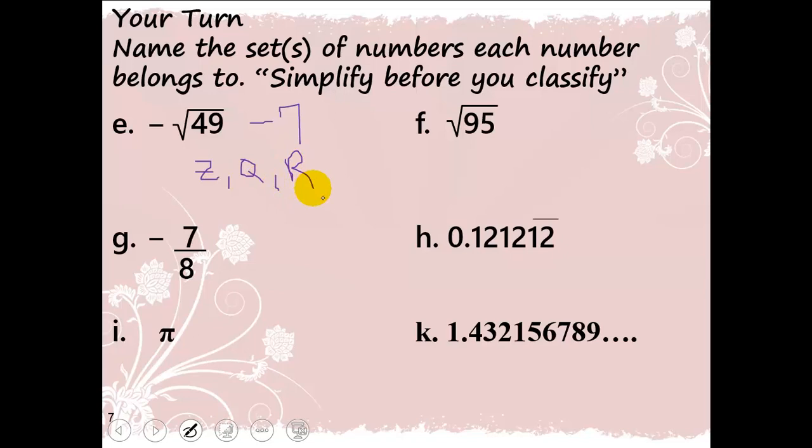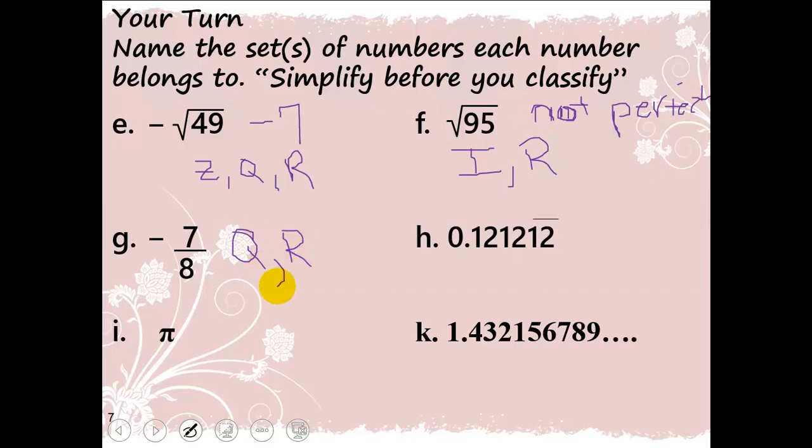F, this is not perfect. So the only thing it can be is an I, and if this is an I, then it's an R. -7/8. This is a Q, rational and real.